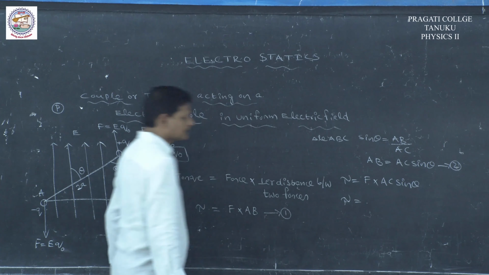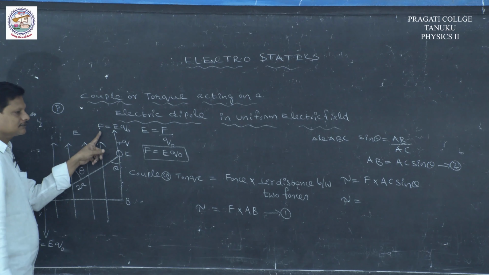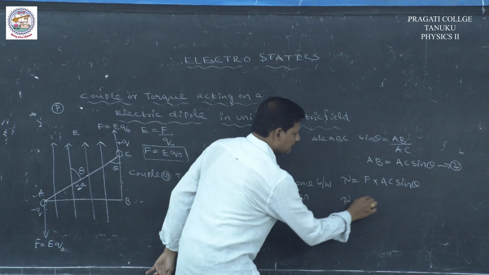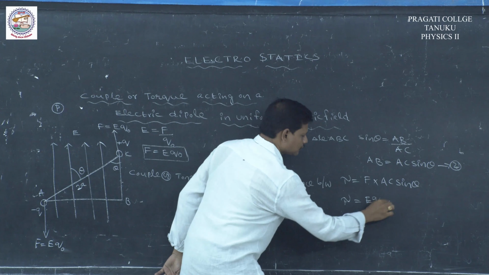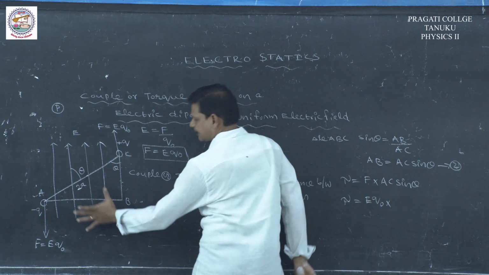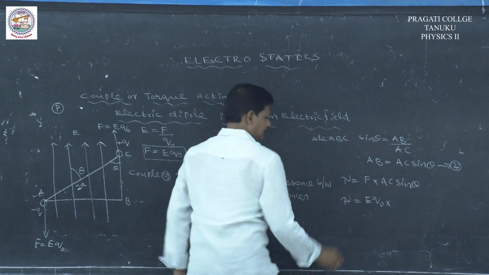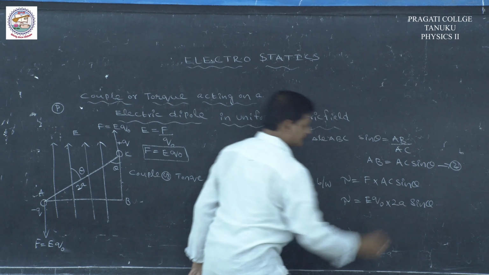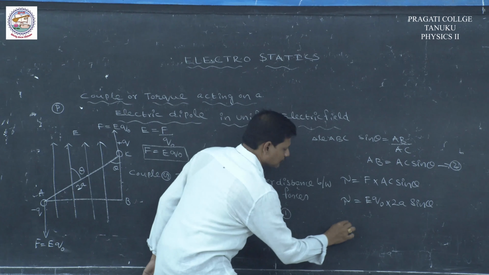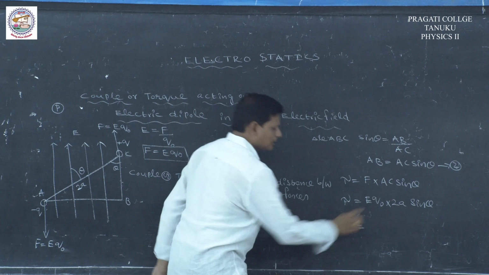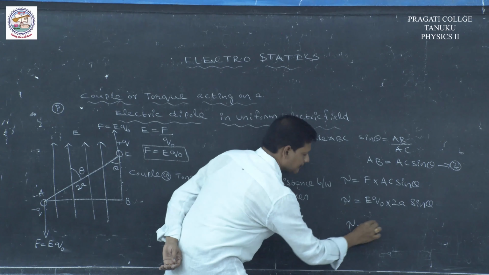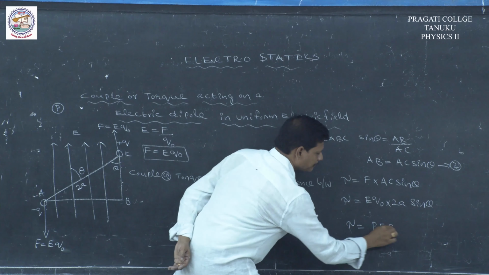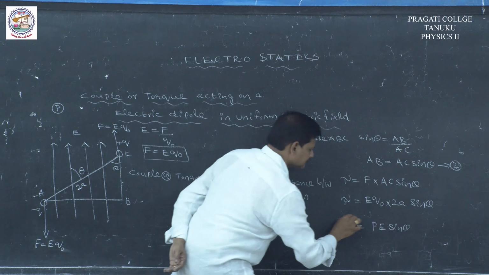We know the expression for the force acting on a charge: F is equal to E into q naught. From the diagram AC is 2a sin theta. So tau is equal to q into 2a, that is electric dipole moment P, times E sin theta: tau equals PE sin theta.